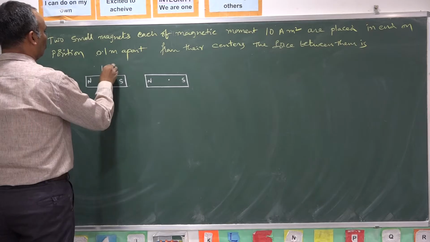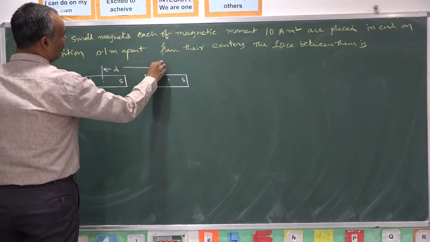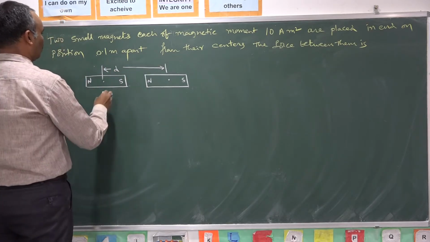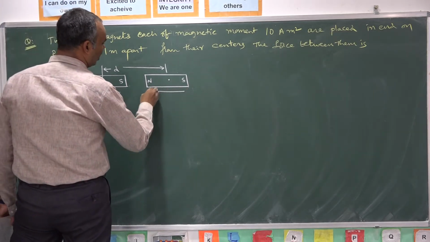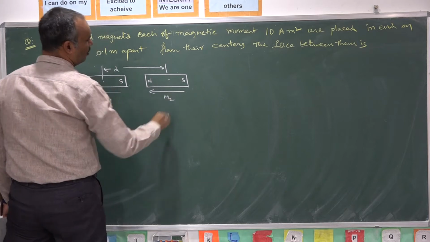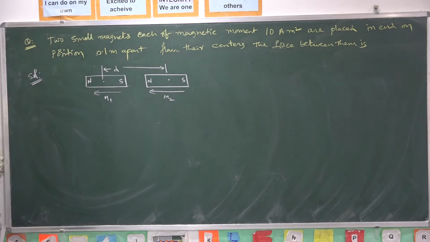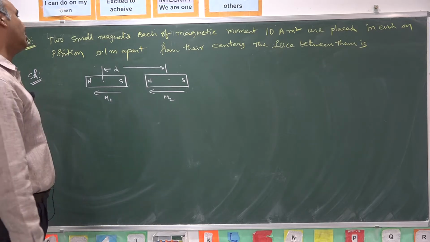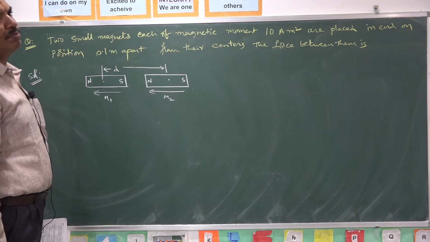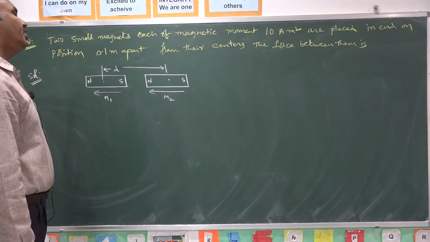Separation between the two magnets is suppose D. The first one is having magnetic moment M1, the second one is having magnetic moment M2. As per Coulomb's law, we studied force between two poles of pole strengths M1 and M2 separated by distance D as F is equal to mu naught by 4 pi into M1 M2 by D square.